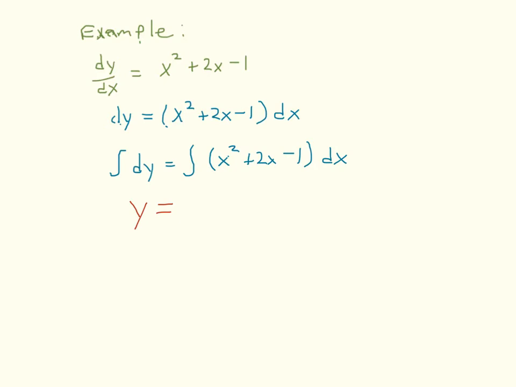So what I'd like you to do, pause the video right now and identify the antiderivative of each term you see in this part of that indefinite integral. Pause the video. Once you have your antiderivatives, come back and we'll talk about what the results are.